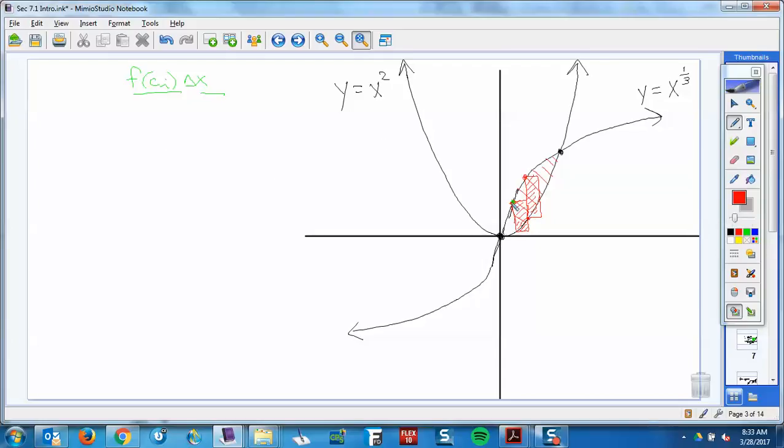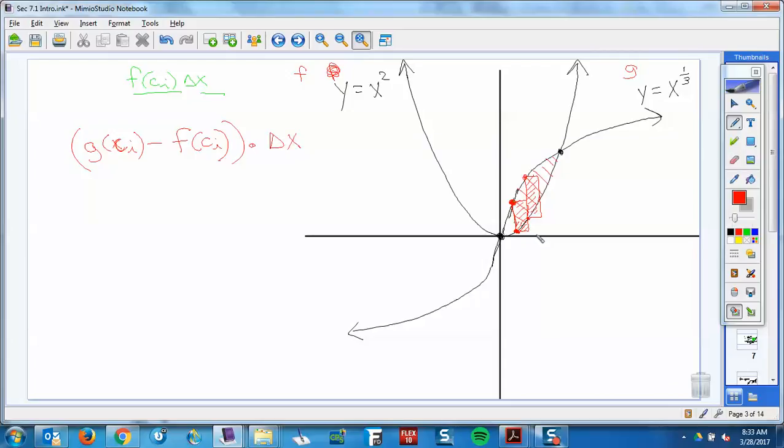What's going to be our height? Like, what's the height of this rectangle right here? Let's call this, let's see, which graph's on top? Let's call this F. Let's call this one G. So it'd be this y value, which would be g of c sub i, minus f of c sub i, and then times the width.